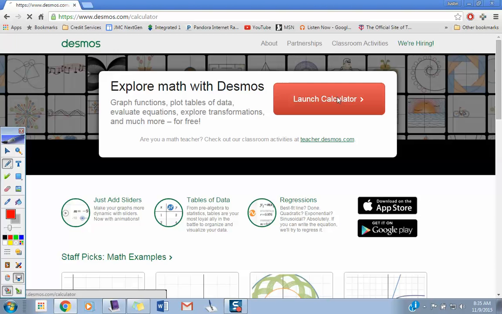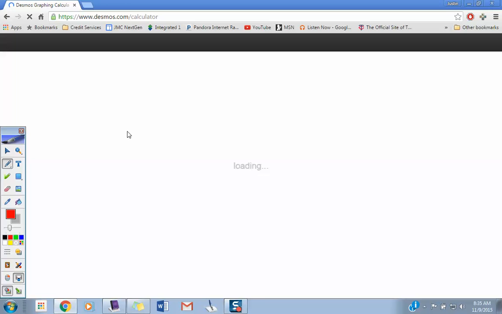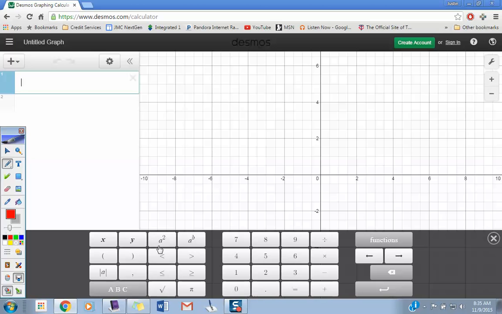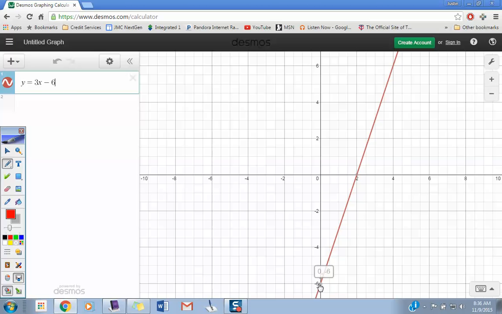What was the equation for the first line that we put up there in our example? Y equals what? 3x minus 6. So I'm going to type this in here. Y equals 3x minus 6.